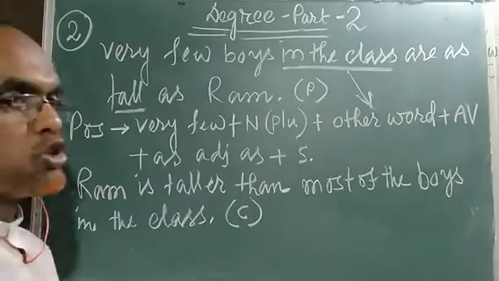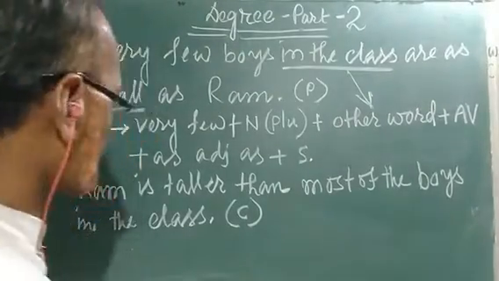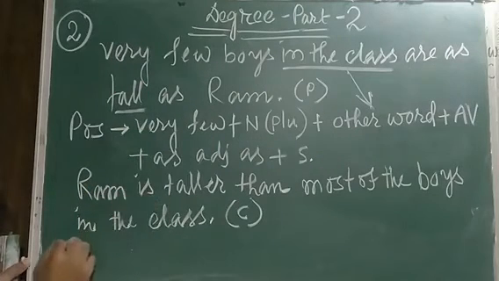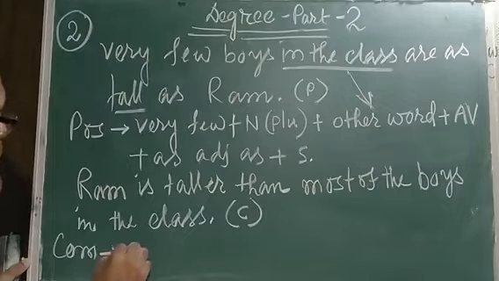That is, most of the boys are less tall than Ram. From this sentence, we can write the form of comparative degree.